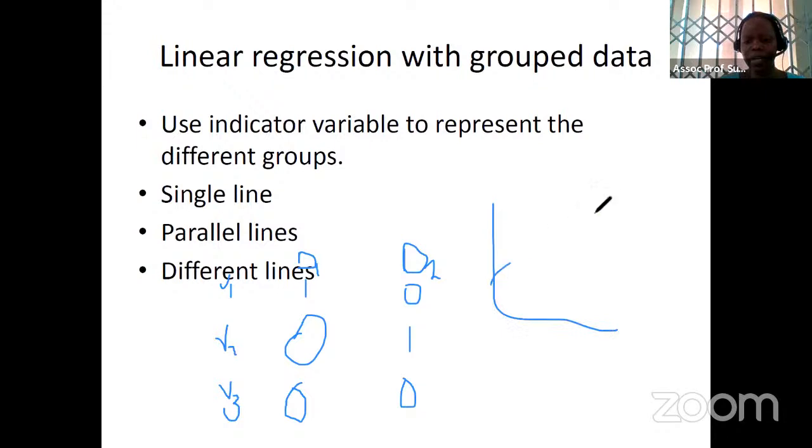Okay, so we can have such, we have another crossing here and another going like that. So this one will cross until it meets the y-axis. So meaning you have different slopes. The slopes are different, and also the intercepts are different. That is what they call different lines. Okay.